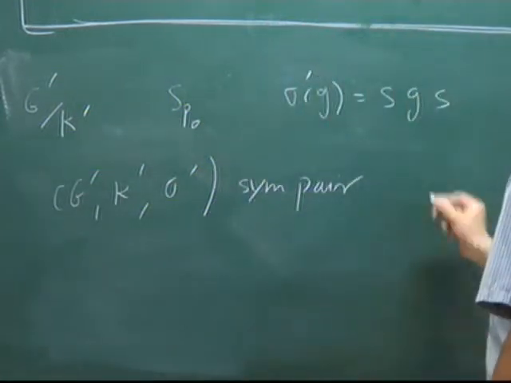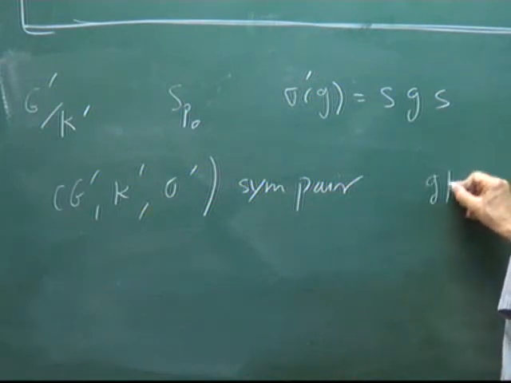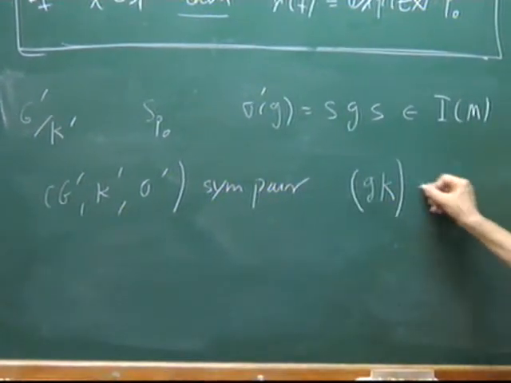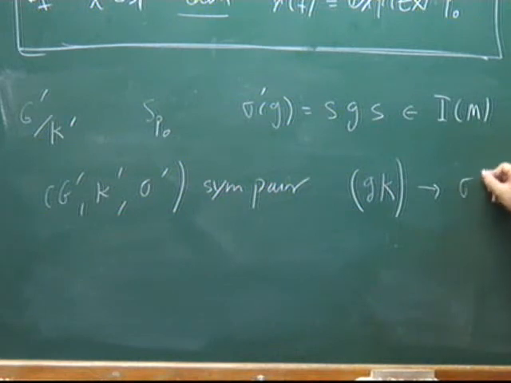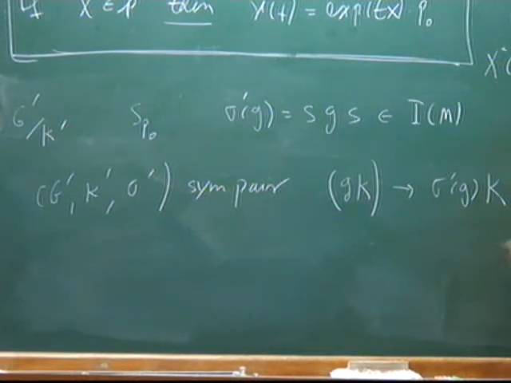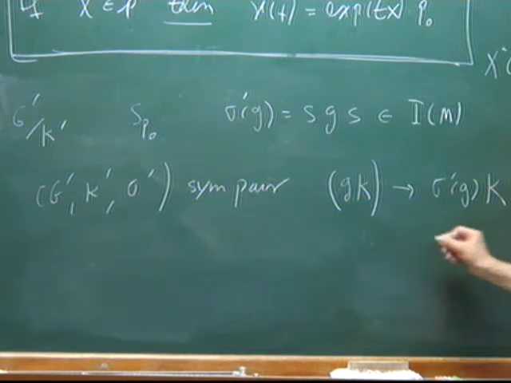But for a symmetric pair, if I look at this as cosets, this takes place on the level of the isomorphic group. If I look at it as cosets, then it always takes gK to the automorphism applied to g times K. That was a general principle for symmetric pairs. Of course, in our case, this is now sg, sK.